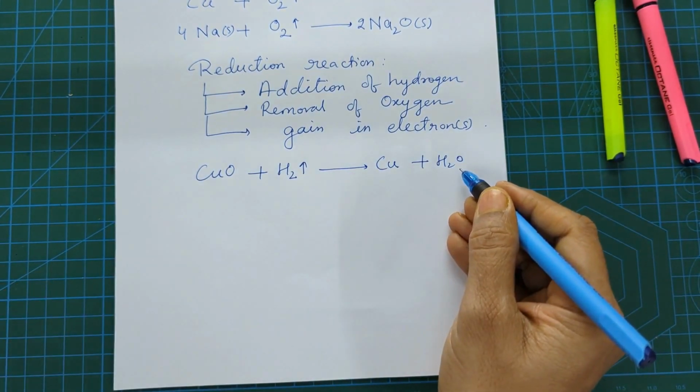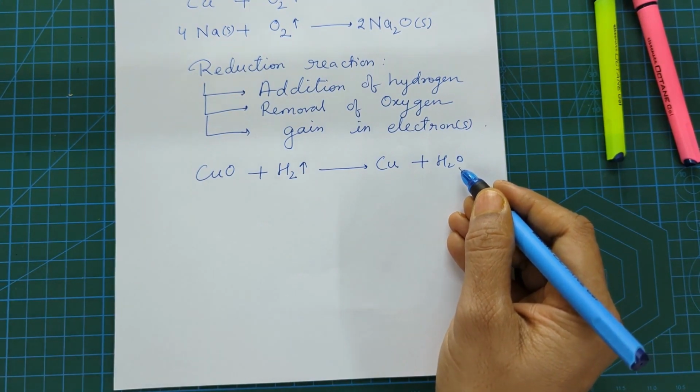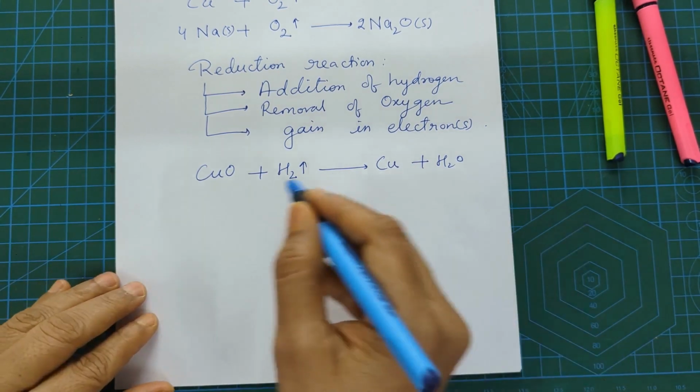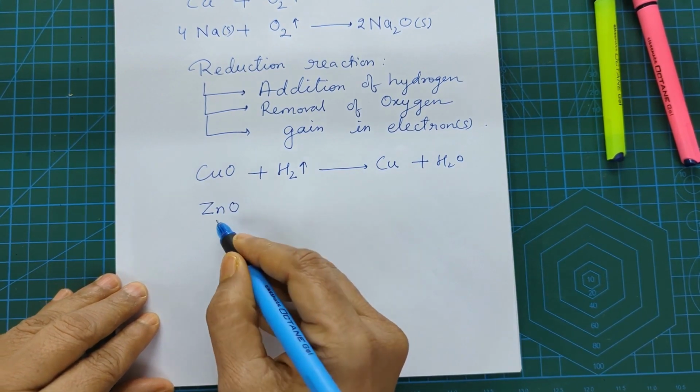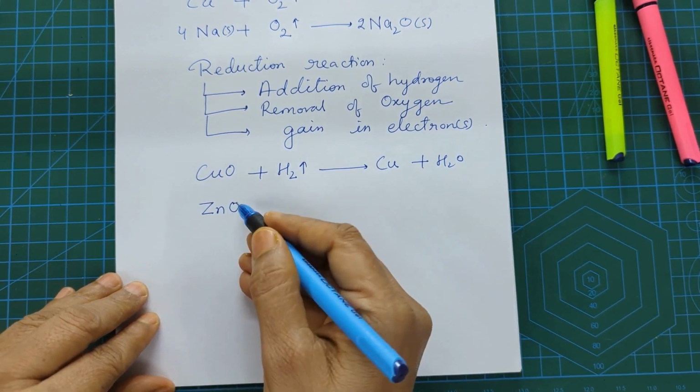Also remember, in metallurgical operations, carbon or coke is used as a reducing agent. What is the meaning of reducing agent? In fact, reduction is a process of metal extraction, like naturally occurring, say, zinc oxide. So from here zinc has to be extracted.